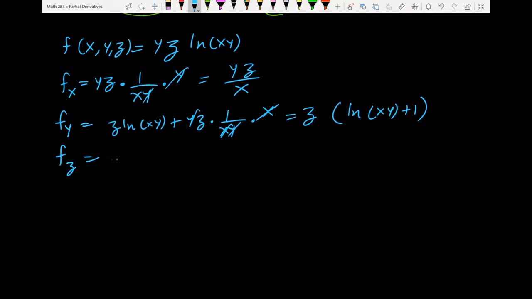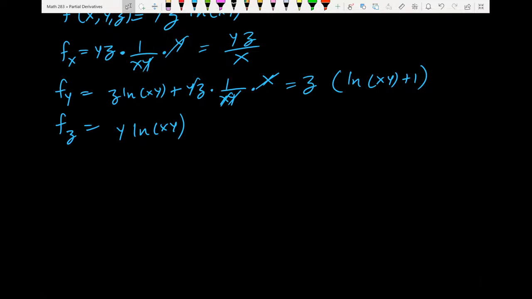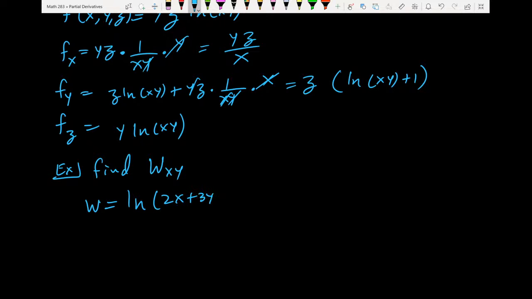Oh, that's super easy. Y natural log of xy. Right? So far, easy. All right. Example, find w sub xy for w equals natural log of 2x plus 3y.